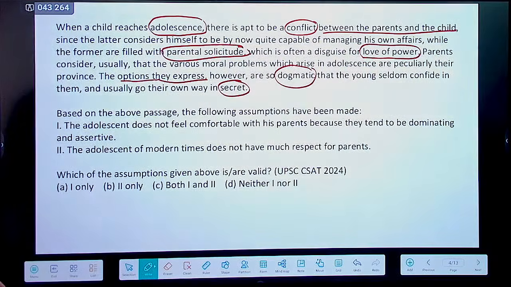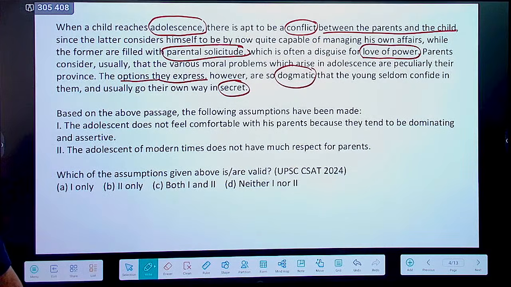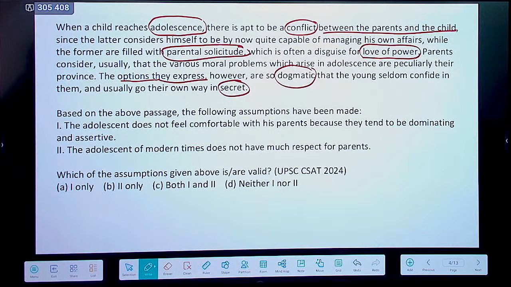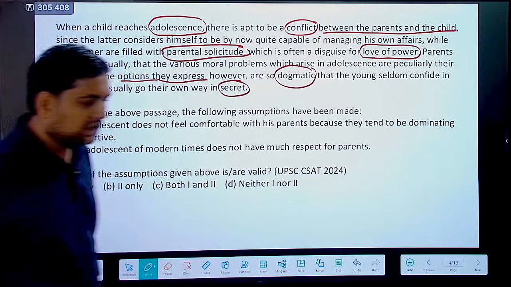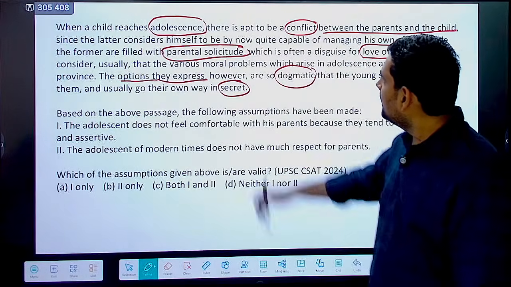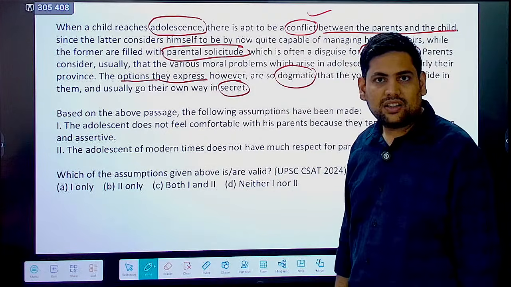Now, let's see this. The adolescent does not feel comfortable with his parents because they tend to be dominating and assertive. What do you think? Is the passage talking about this? Yes, the passage does talk about this. Why? Because it says that there is a conflict between parent and the child.